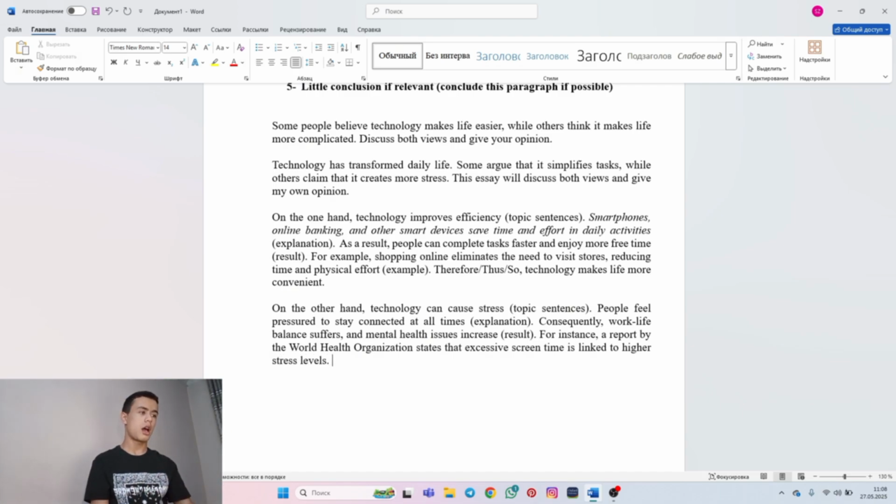Here, guys, I've given some example. You can just change this example into your way. In some cases, you can also make some examples by yourself.